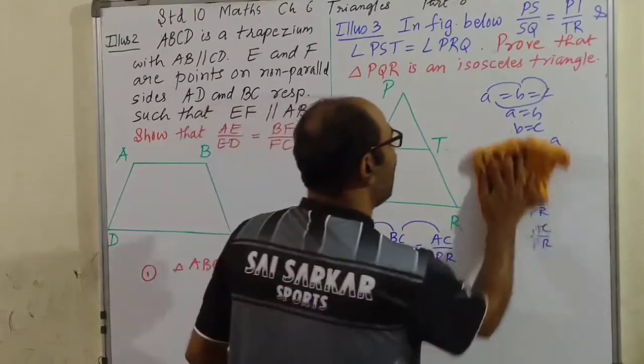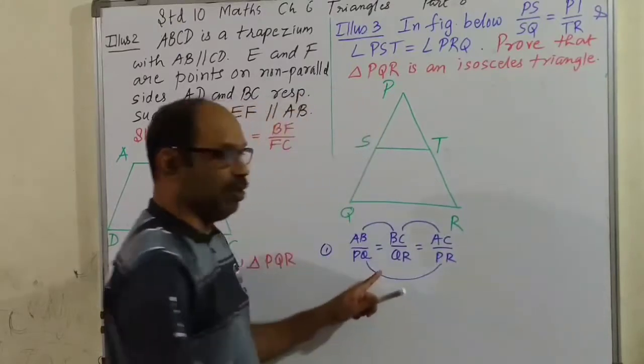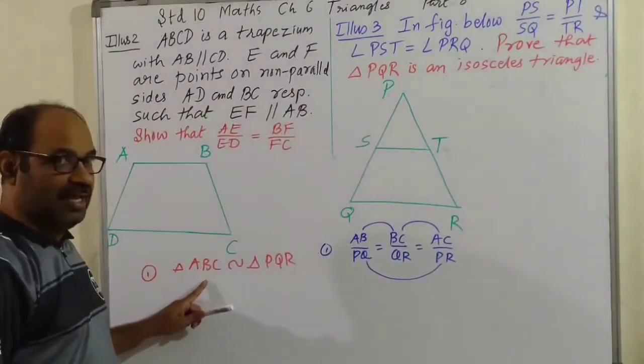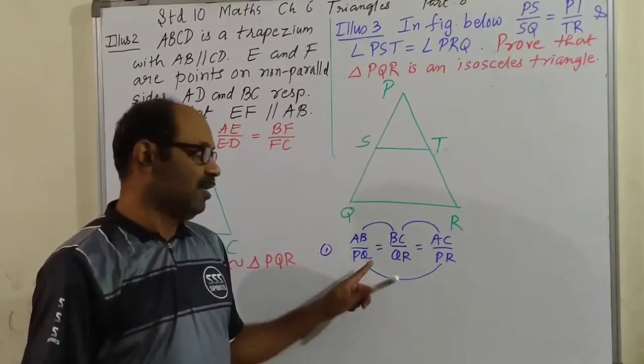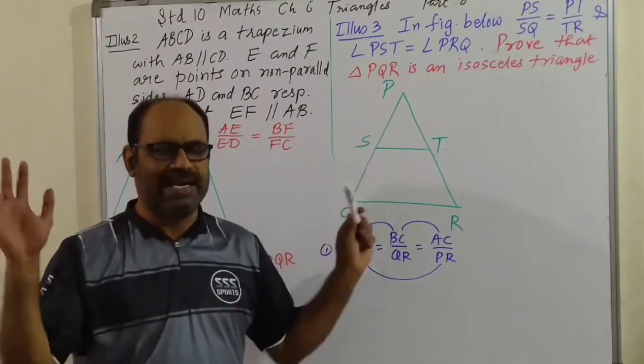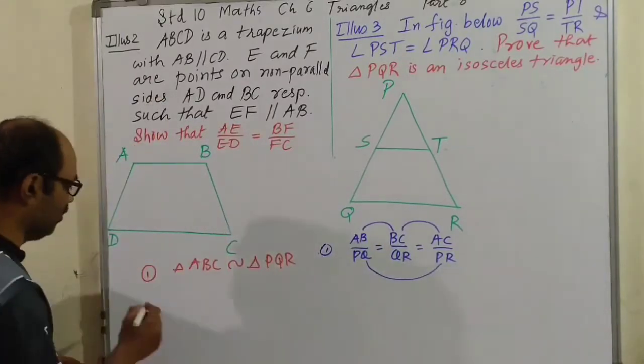So if two triangles are similar, that condition is going to produce equal ratios. That's it.